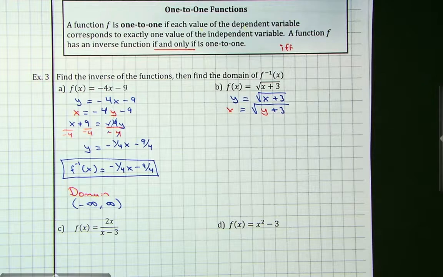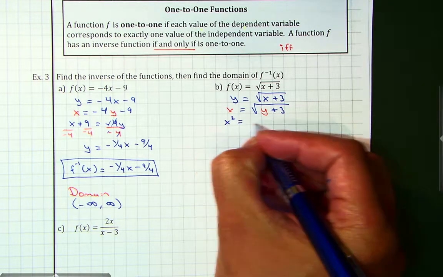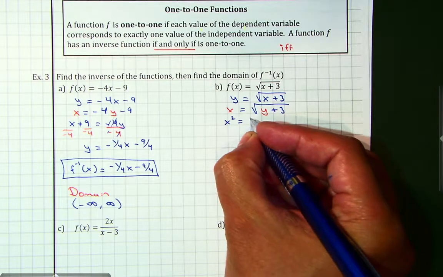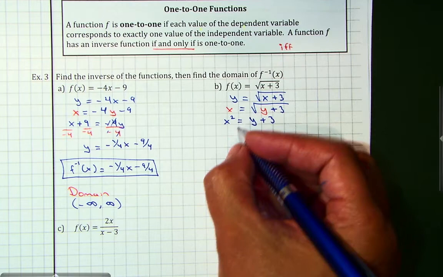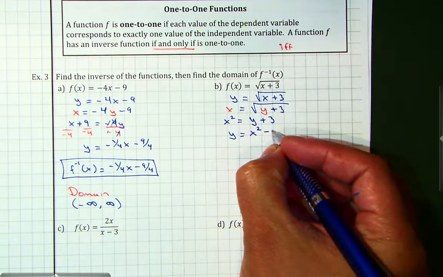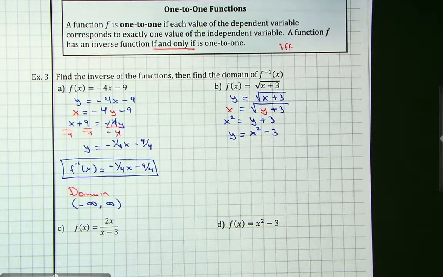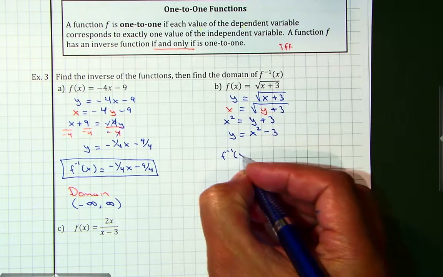And now we can solve for y. Square both sides, so we end up with x squared equals y plus 3. Leave the y by itself, so therefore y equals x squared minus 3. But now we need to be able to replace it with the correct format, with the correct notation.